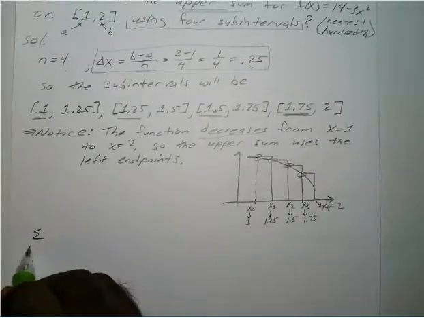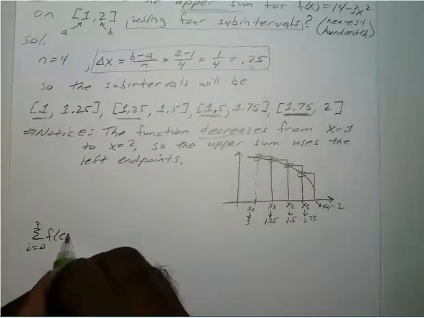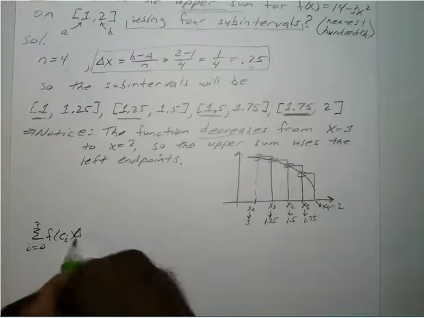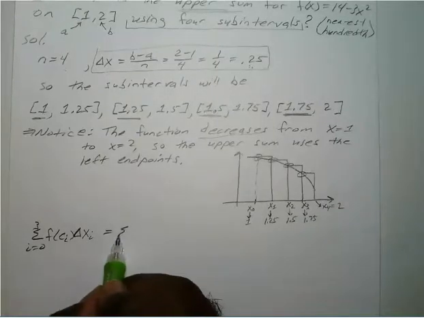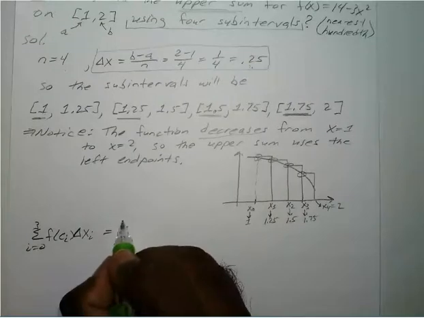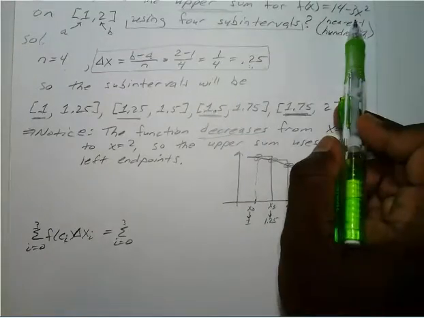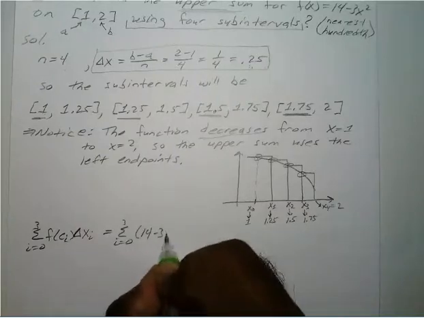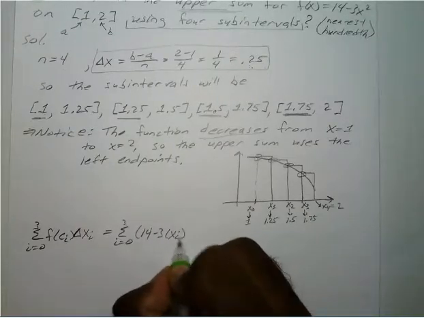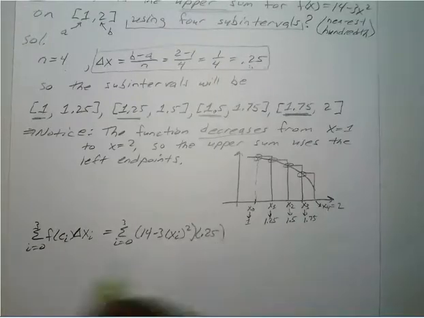So it's the sum from i equals 0 to 3 of f of c sub i times delta x sub i, which is equal to the sum from i equals 0 to 3 of f of x sub i, replacing the x with x sub i. So that's 14 minus 3 x sub i squared times 0.25, since that's your delta x sub i.